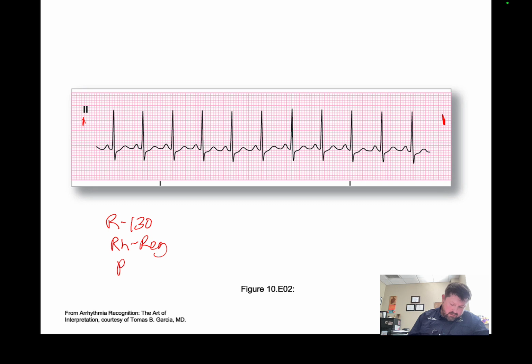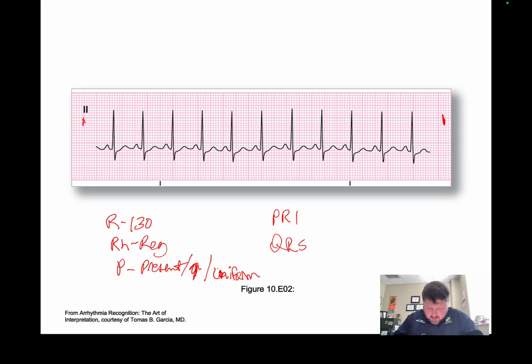My P wave is present, upright, and uniform. My PRI and my QRS is next. So my PRI, I'm measuring on this one right here.